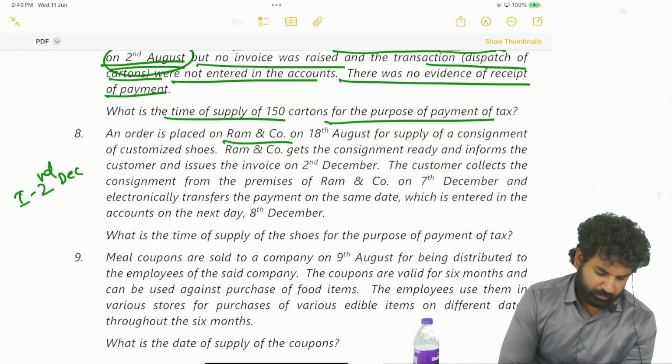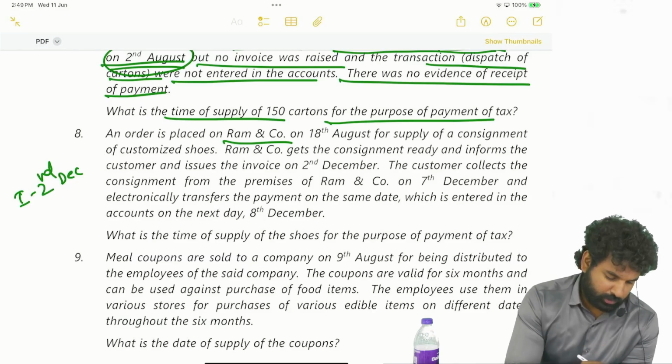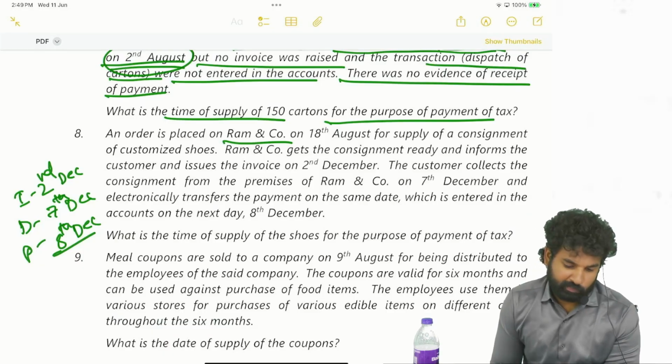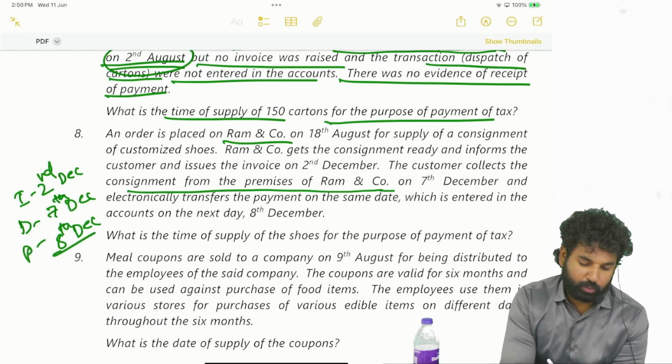The customer collects the consignment, delivery on 7th December. Payment on 8th December. No, the customer collects the consignment from the premises of Ram and Co. on 7th December.